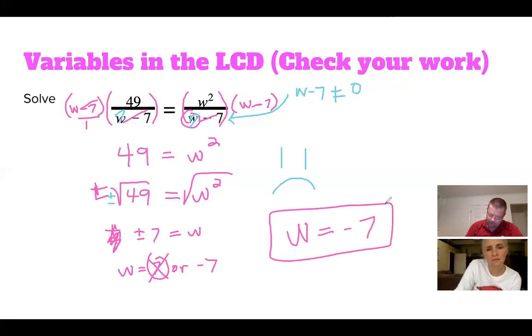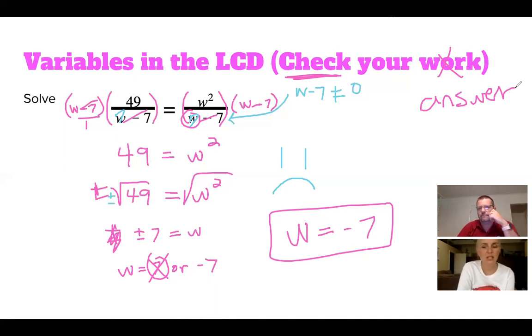You must check your work. I even put it in the title. We don't mean check and make sure that I know the square root of 49. Check your answers, I should say. That's probably the better thing to say.